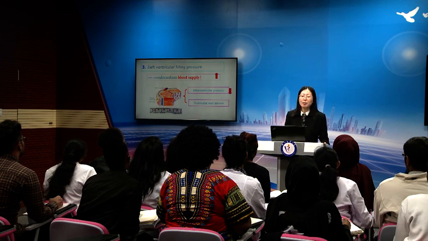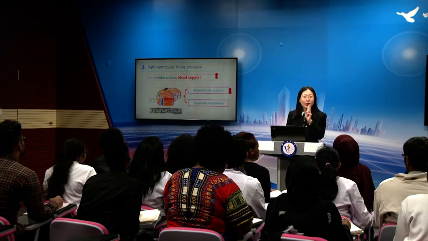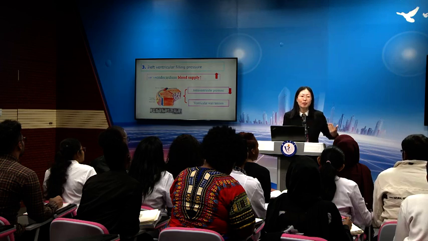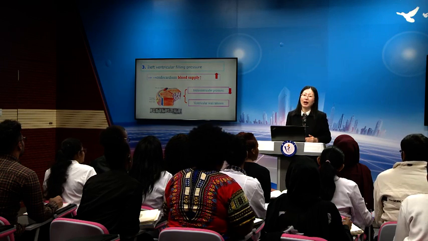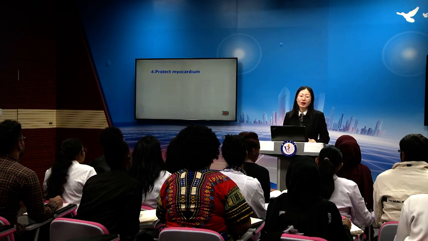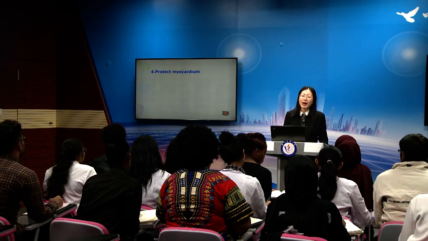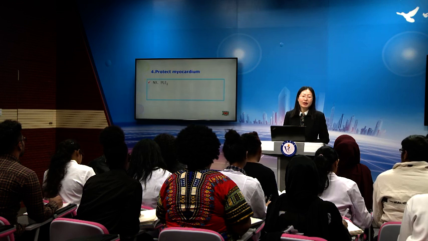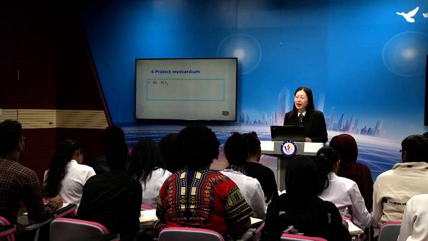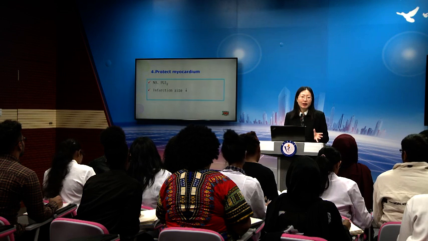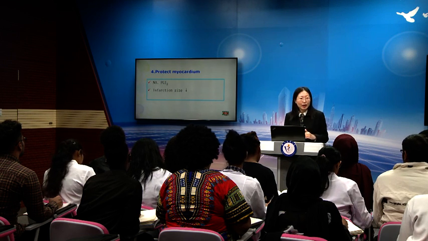So just now we mentioned two requirements: reduce oxygen consumption and at the same time increase oxygen supply. We also need the drugs to improve cardiac function. Nitroglycerin can protect myocardium because it can release nitric oxide and prostaglandin I2, and these factors can protect myocardium.